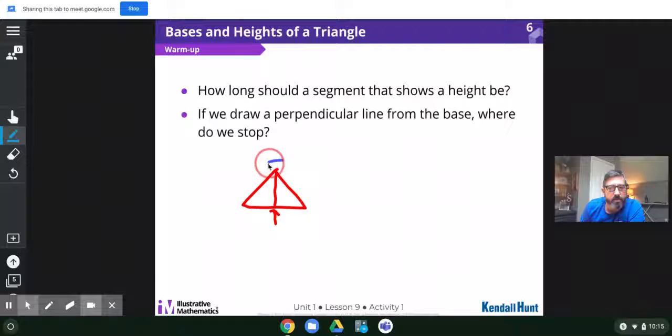The top. It has to stop at the opposite corner, or the opposite vertex, as they say. I like to call it the corner. So how long should it be? Well, it should be however long it is from the base to the opposite corner. So that kind of leads us directly into the second one there. If we draw a perpendicular line from the base, where do we stop? Well, we stop at the opposite corner.